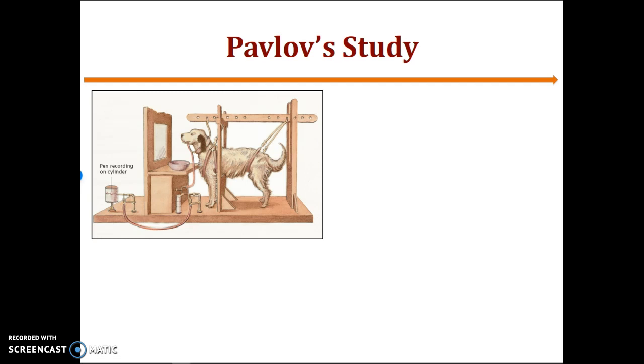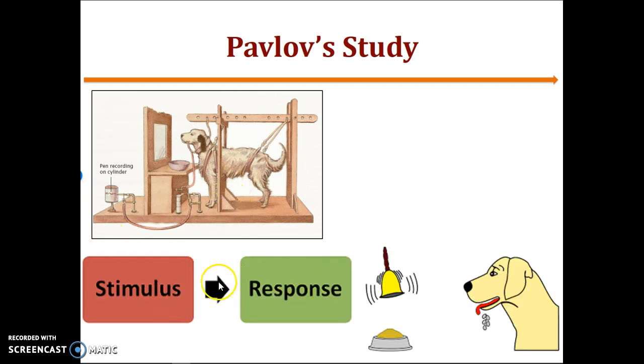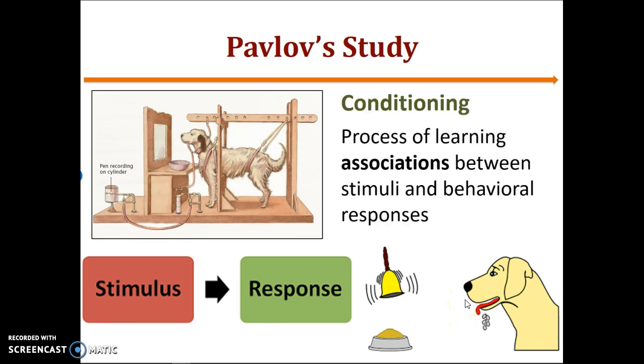So he found that stimulus that causes response, which is supposed to be the food, in this case the meat powder causing salivation in dog, beyond this the dog learned to do something more than just this. So what Pavlov found was the process called conditioning. The dog was learning to form association between a meaningful stimulus and a non-meaningful stimulus.